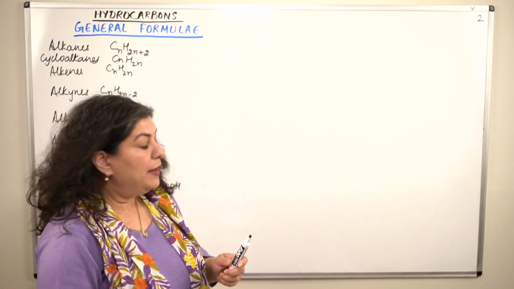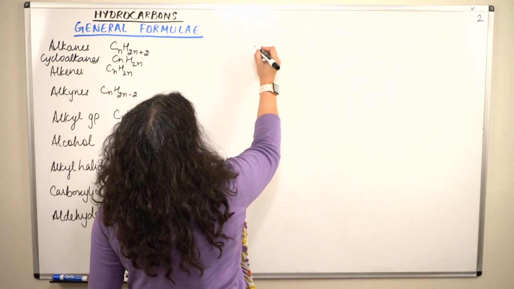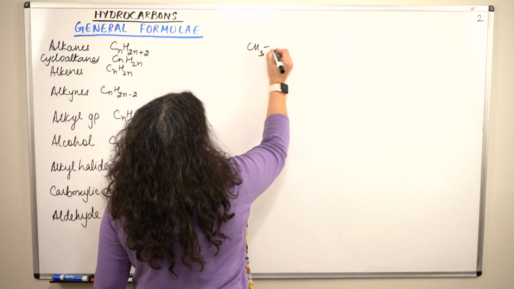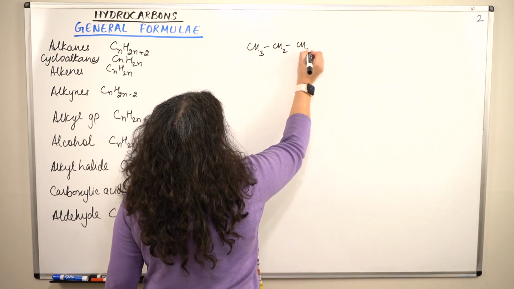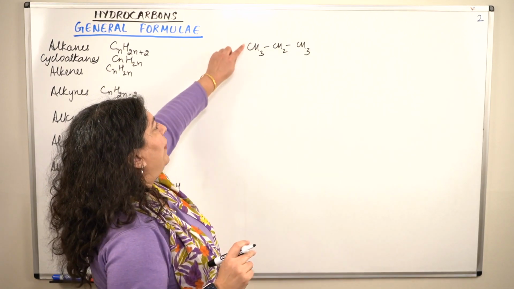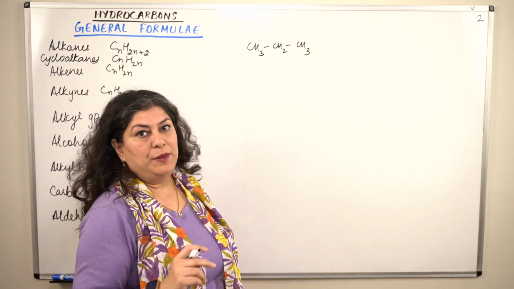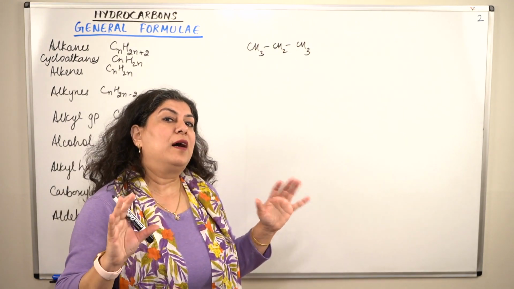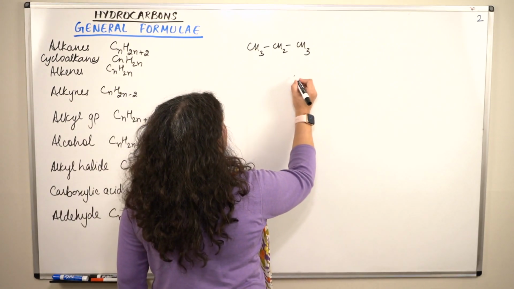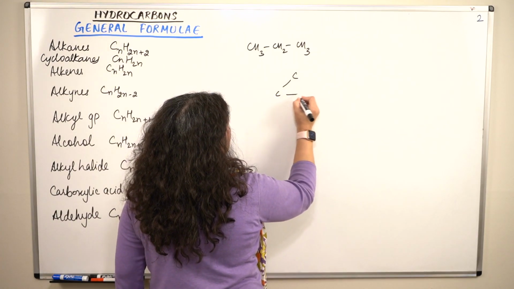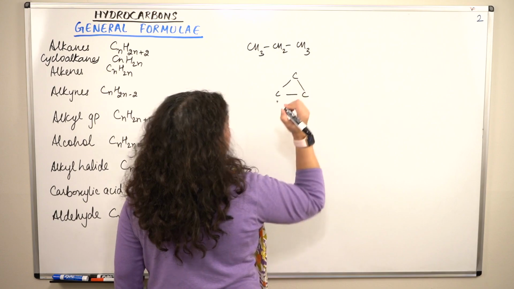Now you have propane. Propane is CH3, CH2, CH3. Let us join the first carbon to the third carbon. And let us draw only the carbon skeleton. So you have carbon, carbon, carbon. And we are joining the first carbon to the third carbon.